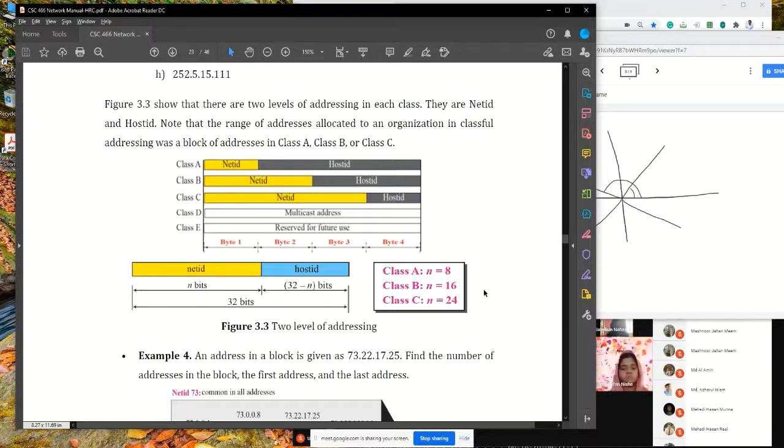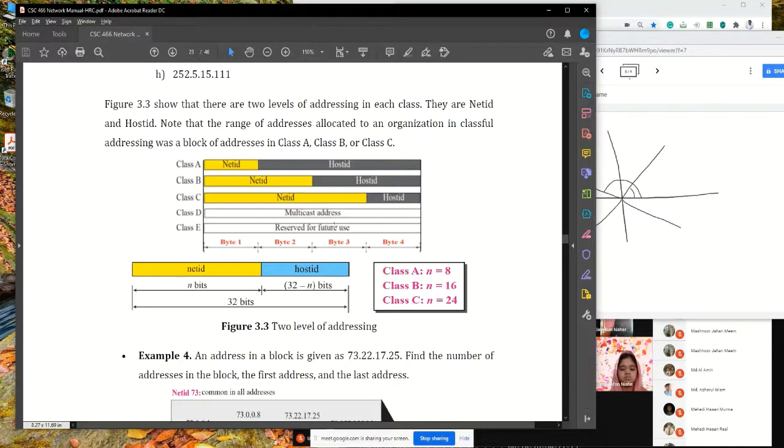For classful addressing, in class A the first octet is considered the network ID and the remaining three octets are the host ID. For class B, the first two octets are the network ID and the remaining two octets are the host ID.